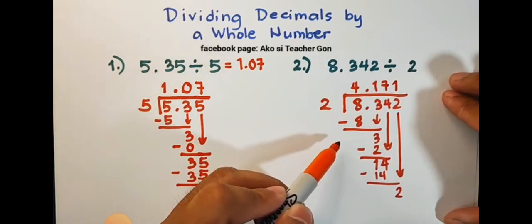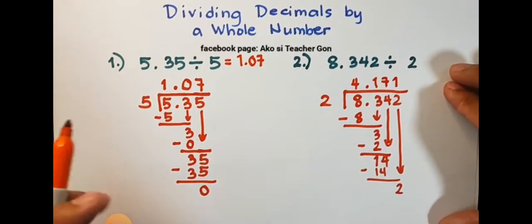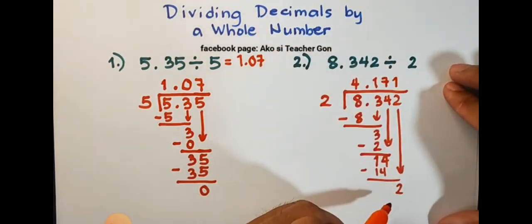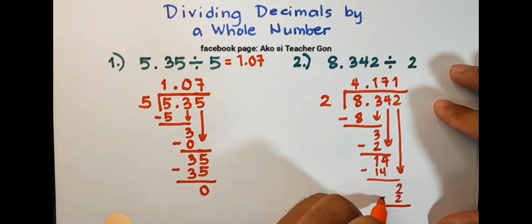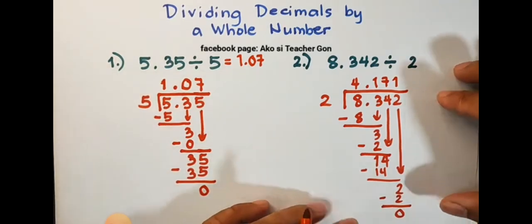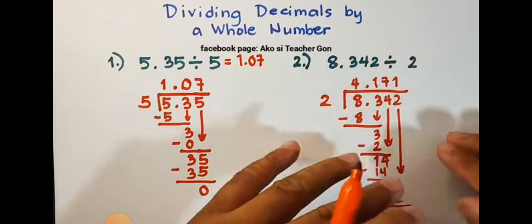So we don't have enough space here. So I'm gonna move this paper. Okay? So 2 divided by 2 is 1. So we are done with that. So 1 times 2 is 2. And subtract these numbers. 2 minus 2 is equal to 0. Since your remainder is equal to 0, we don't need to extend our decimal values anymore.